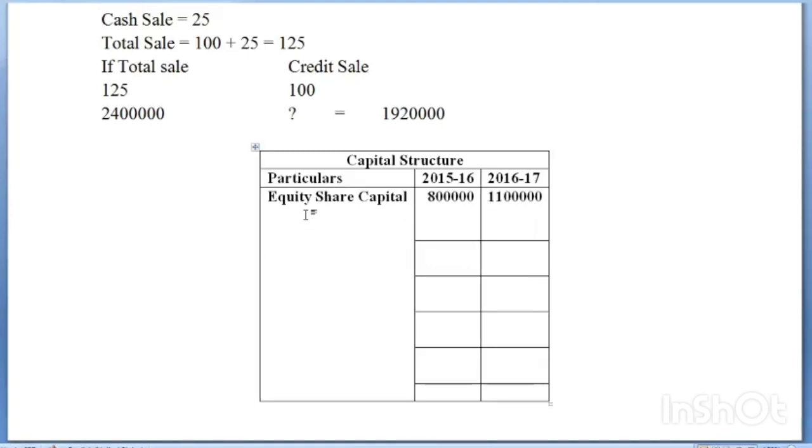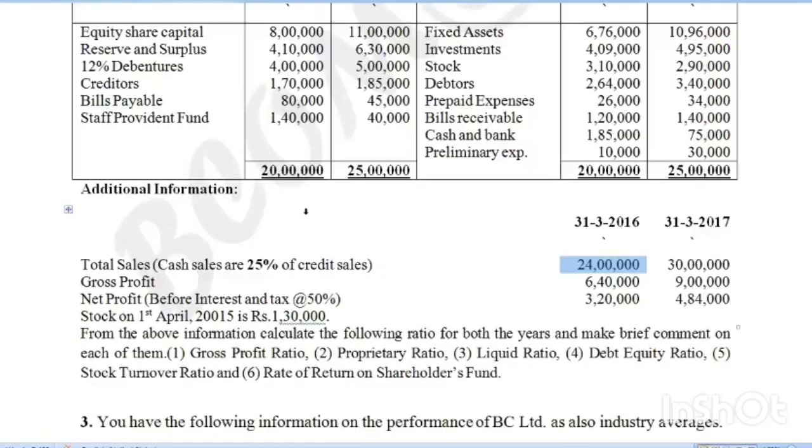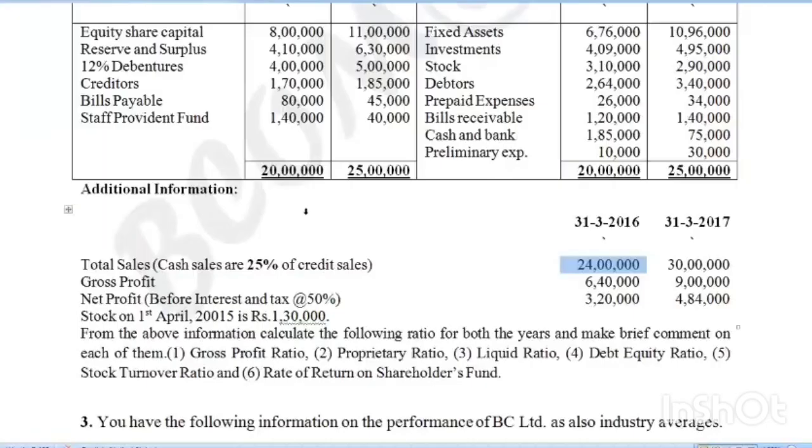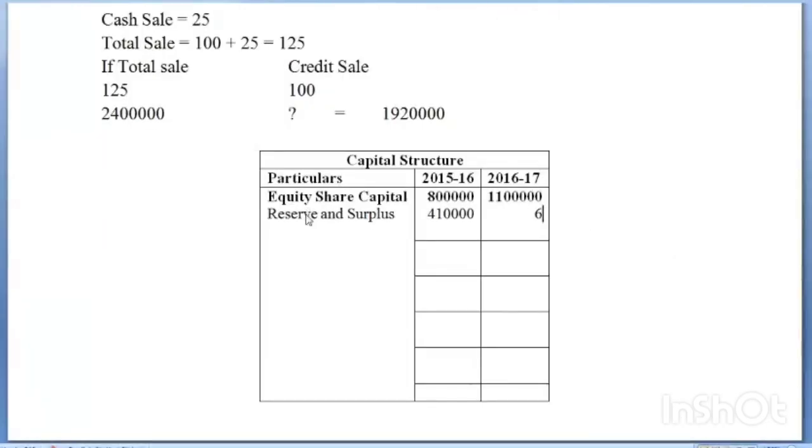Okay. Next, reserve and surplus: 4 lakh 10,000 and 6 lakh 30,000.